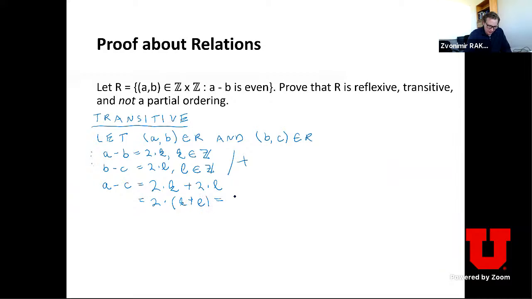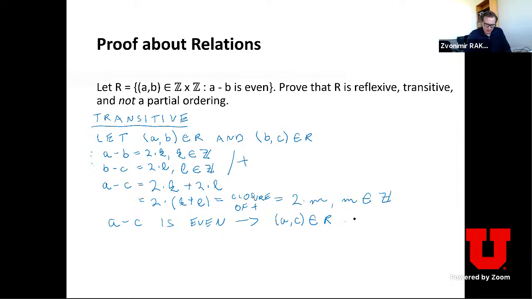And that is equal to, due to closure of plus, 2 times m, where m is an element of Z. So we just showed that a minus c is even, and hence (a, c) is an element of R.